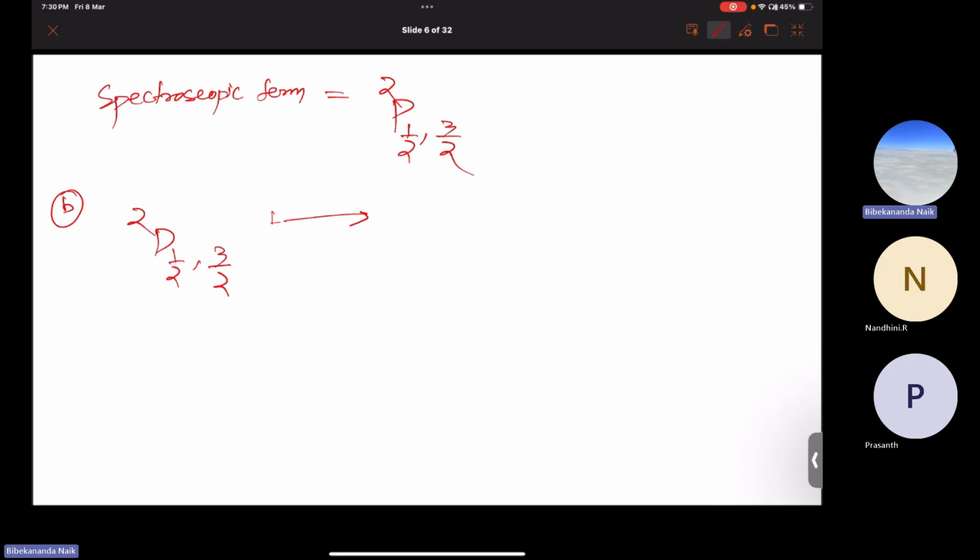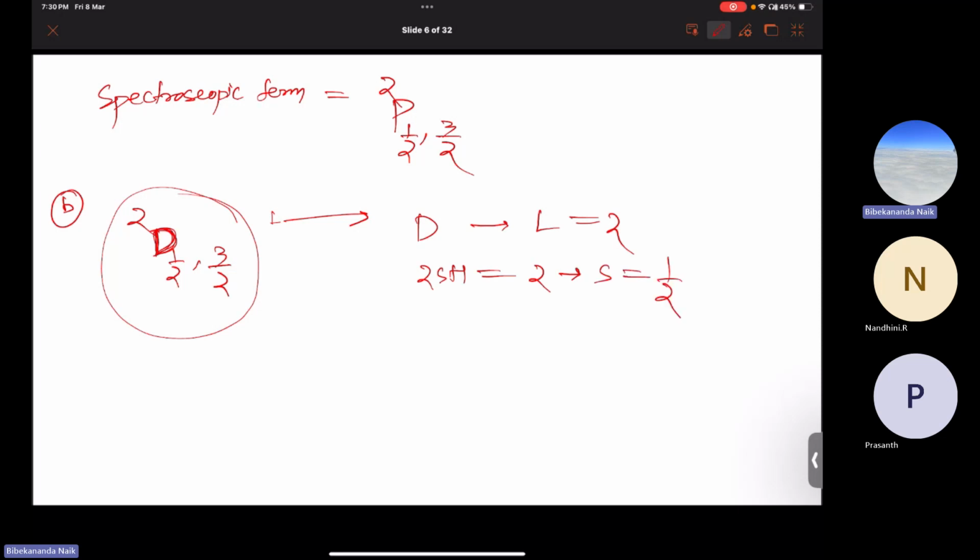Whether this type of state is possible? See here it is D. So D means L is 2 and 2S plus 1 is 2 means S is half.